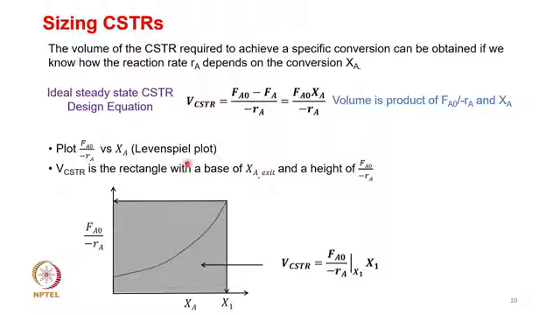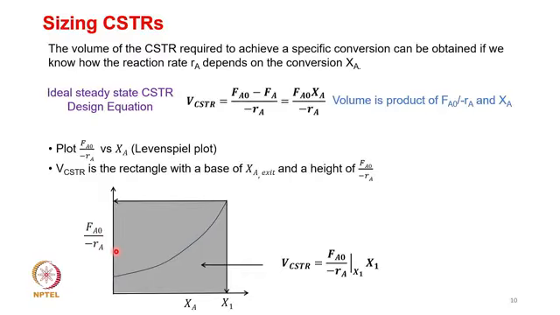So the volume of the CSTR is a rectangle with a base XA and a height of FA naught by minus RA. So you can just evaluate this particular area. This is fairly easy if you look at it geometrically, by employing the Levenspiel plot, which is a plot of FA naught by minus RA as a function of XA.